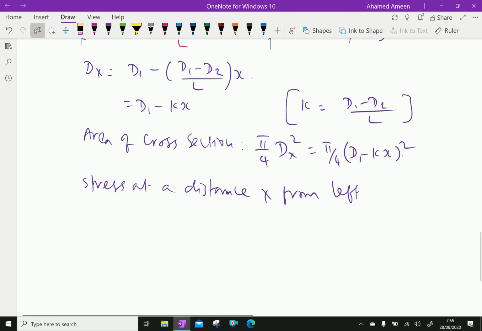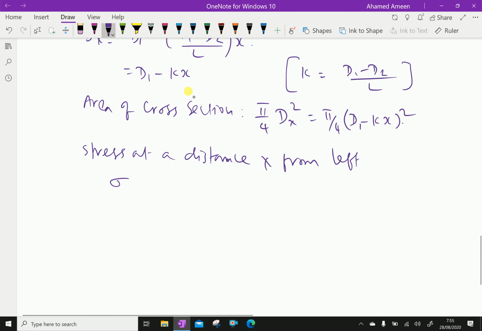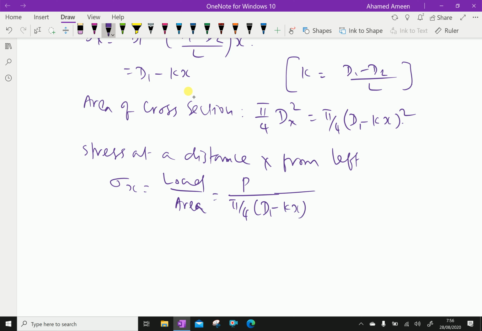We know that stress equals load by area, P over pi by 4 (D1 minus kx) whole square, which is equal to 4P over pi (D1 minus kx) whole square.